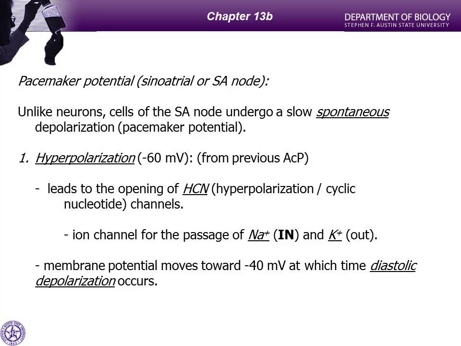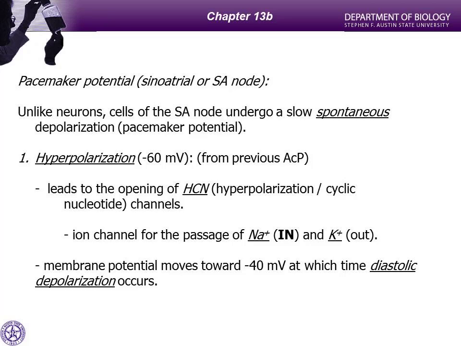And so when we're in this hyperpolarized period, there are going to be channels that are called HCN channels. The HCN stands for hyperpolarization-activated cyclic nucleotide-gated channels, cyclic nucleotide being like cyclic AMP. And when these channels open at that hyperpolarized membrane potential, this is going to lead to ion channels that allow a lot of sodium to rush in and a little bit of potassium to go out.